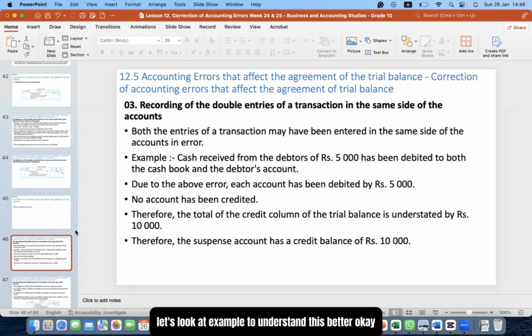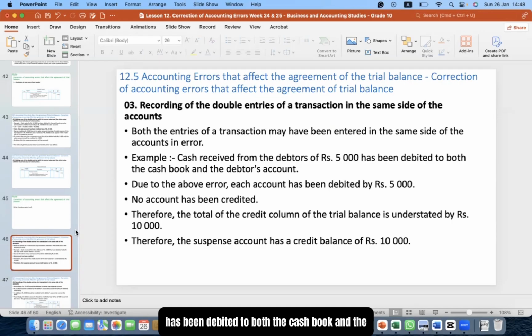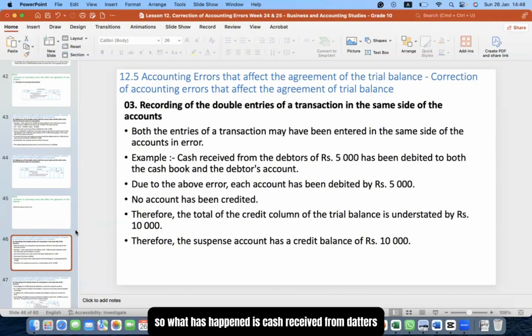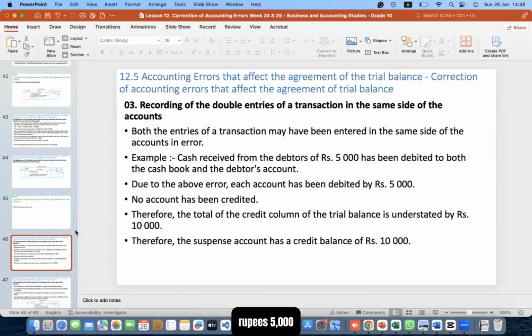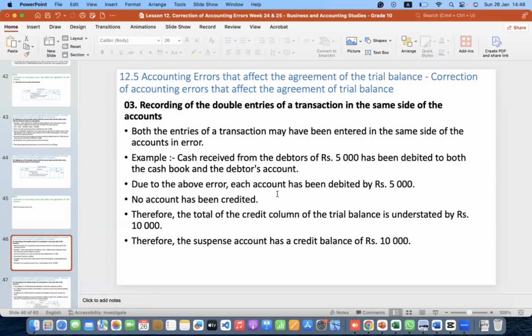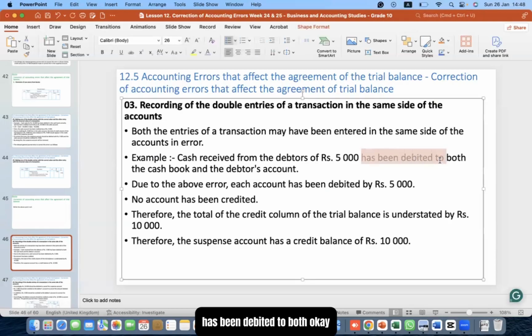So for example, let's look at an example to understand this better. Cash received from debtors of rupees 5,000 has been debited to both the cash book and the debtors account. What has happened is it has been debited to both.